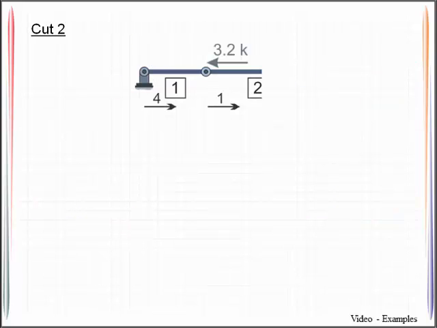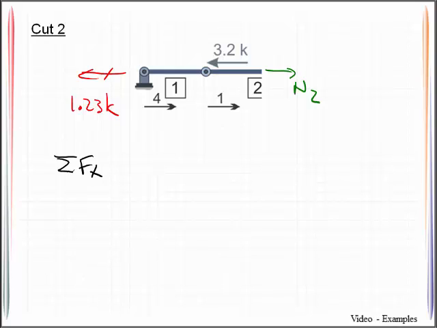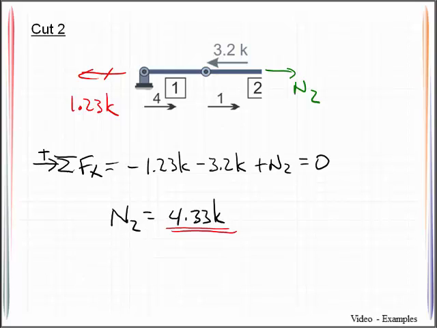Then if I want to know what's happening in member 2, make a cut in member 2, free body diagram, and then of course sum forces in the x direction. That reveals that N2 is equal to 4.33 kips positive, meaning we are in tension.